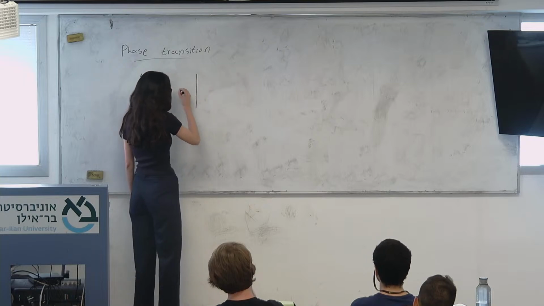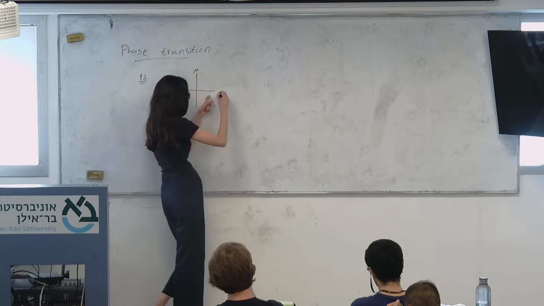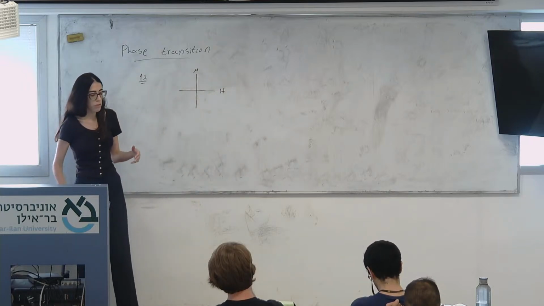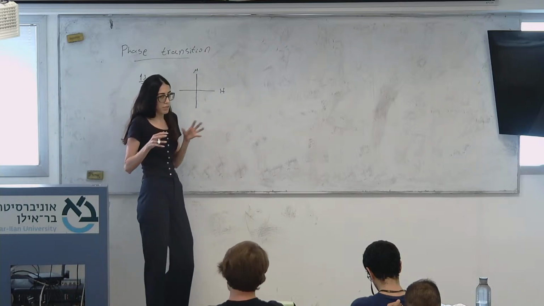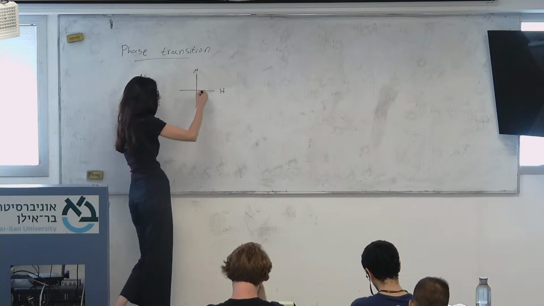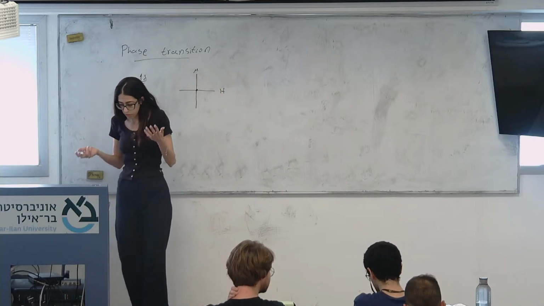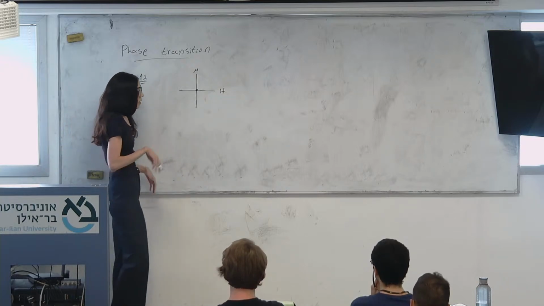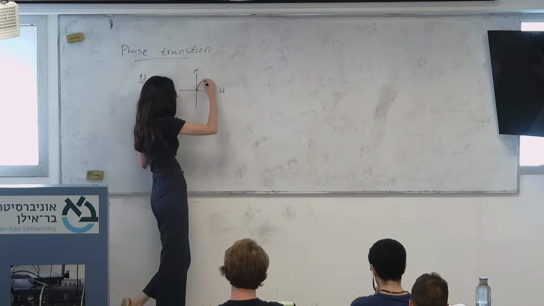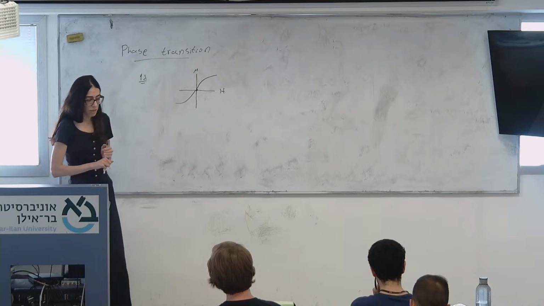So if we look, for example, at the magnetization as a function of the magnetic field, if you don't have any external magnetic field, the system is completely symmetric. We expect the magnetization at zero magnetic field to be zero, because there's nothing that creates any bias. And then when we increase the magnetic field, we're going to have larger and larger magnetization, and the same for the negative field too.